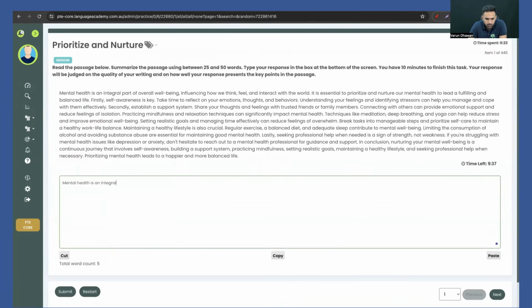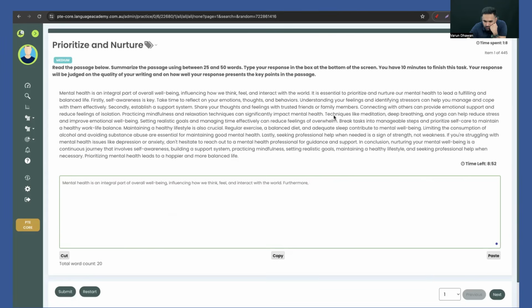Mental health is an integral part of overall well-being, influencing how we think, feel, and interact with the. That's it. Furthermore, let's select another sentence.